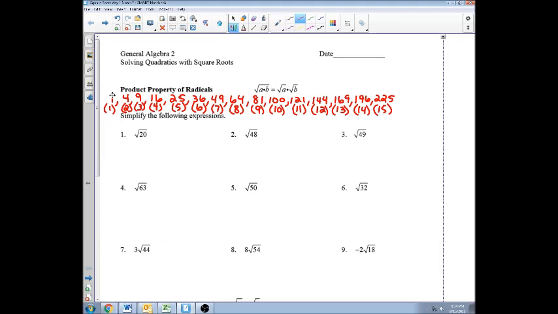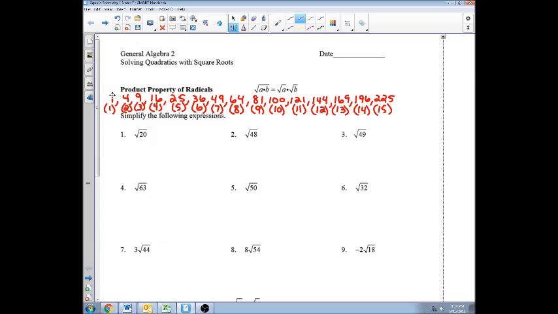Their square roots are the numbers in parentheses below them.